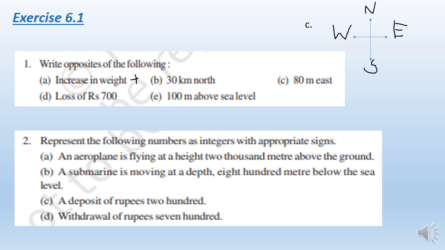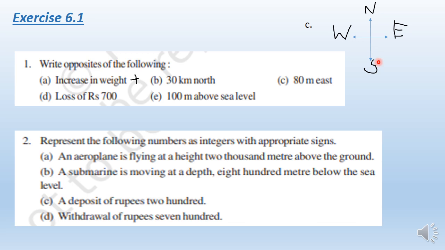Exercise 6.1. Question number 1. Write the opposite of the following. Increase in weight. So what is the opposite of that? Decrease in weight. Now 30 kilometer towards north. Opposite of north is south.